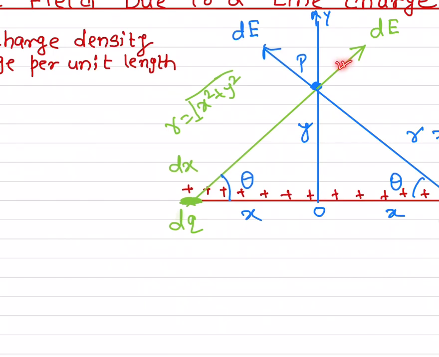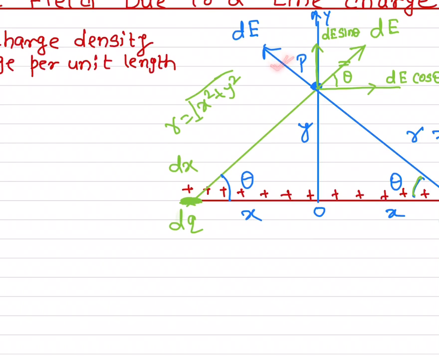Okay, so now let's first resolve this into two components. As this angle is theta, this angle is also theta. So this component will be dE cosine theta. And the vertical component, or the y component, will be dE sine theta. Okay, so we have resolved this electric field now.